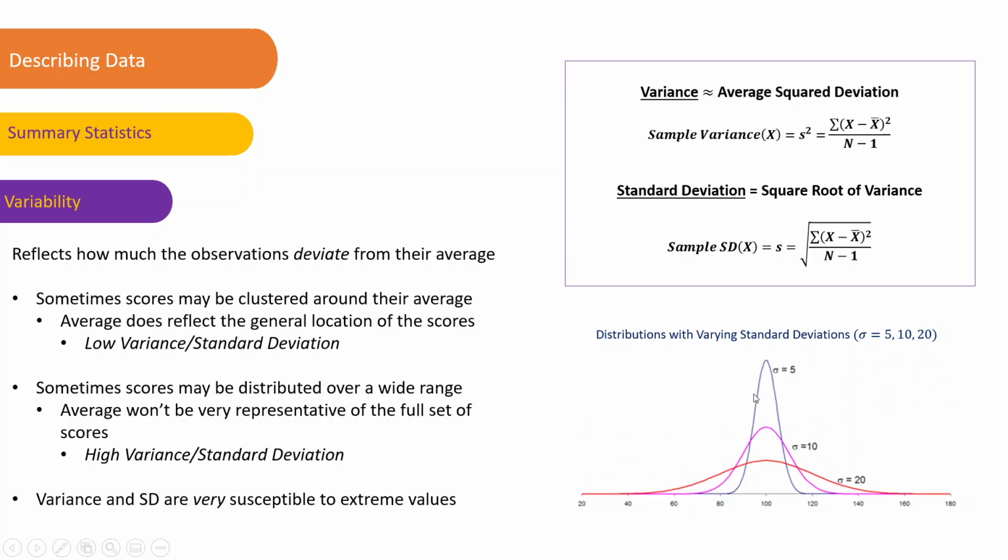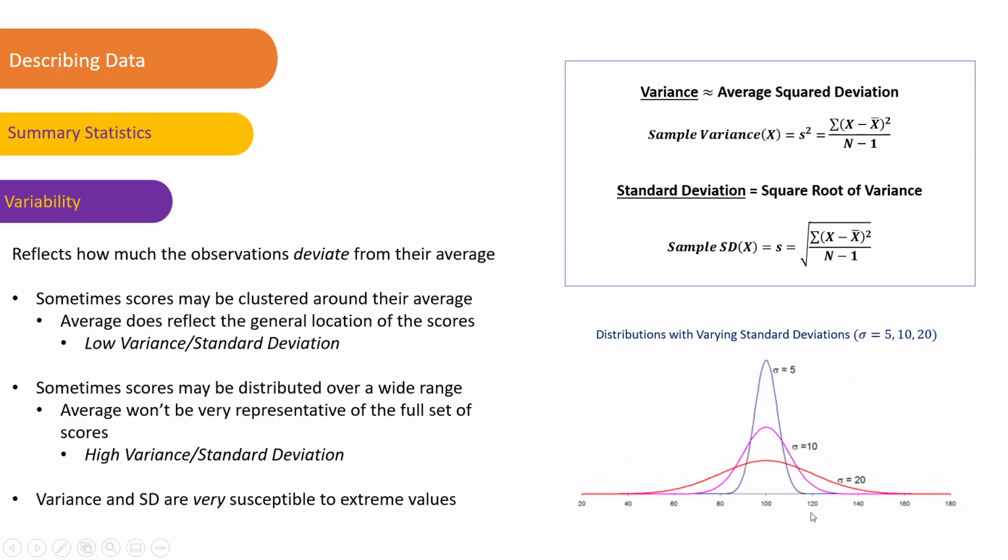The scores aren't deviating very much from that average of 100. Then as we go to the pink line and then the red line, from a standard deviation of 5 to 10 and then to 20, we see our scores getting more and more spread out, and they deviate more from their average. So that average doesn't reflect our full set of observations anymore.